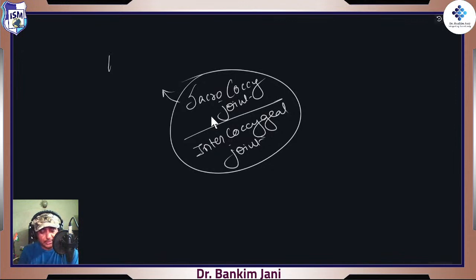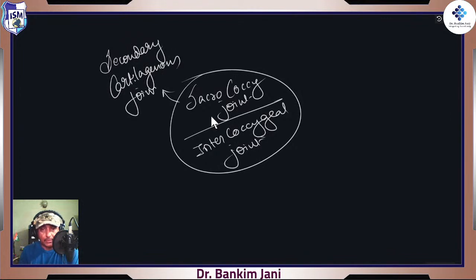Now this is a secondary cartilaginous joint. The important point is that over here there is a very thin intervertebral disc. And if there is any fracture like of the coccyx, nothing can be done. It is just rest and it would heal by itself.